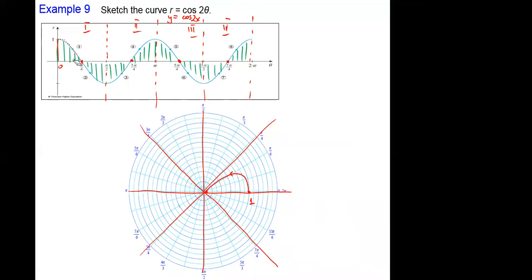Okay, now between 45 and 3 times 45, which is here, the values are negative. And if the radius is negative, we will not plot in the actual quadrant, we will plot in the opposite quadrant. That means for this quadrant, I mean half of the quadrant, this is the opposite, right?